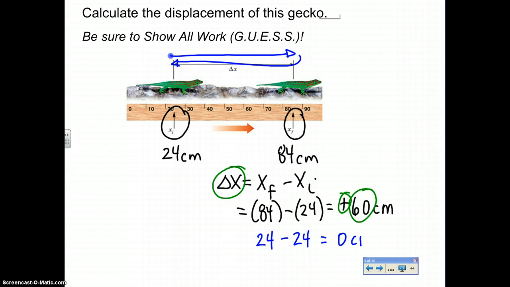So it would have no displacement whatsoever. However, what distance would it have traveled? It would have traveled a total of 120 centimeters because it would have moved 60 centimeters to the right and then 60 centimeters to the left.